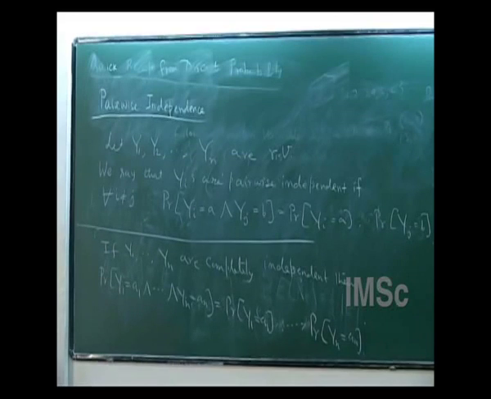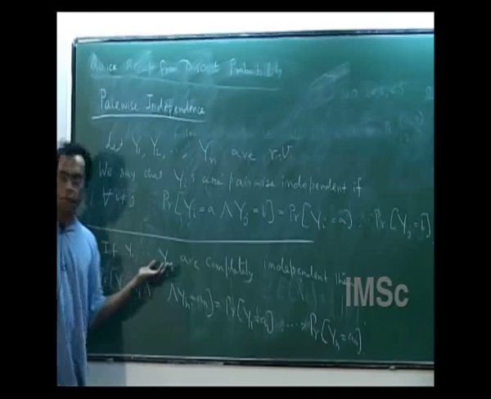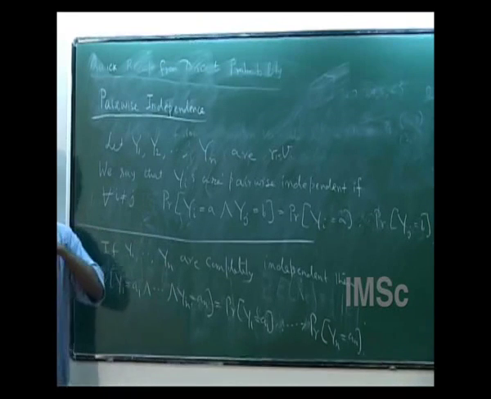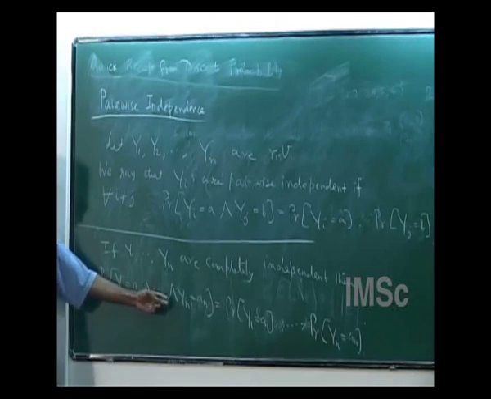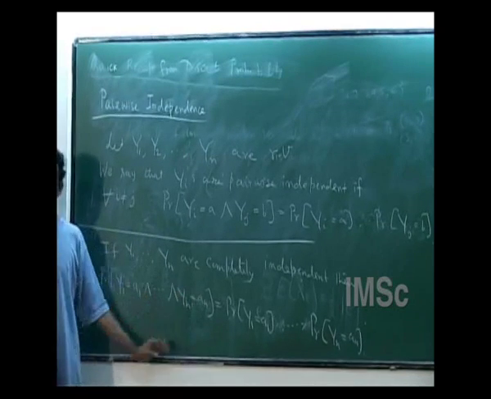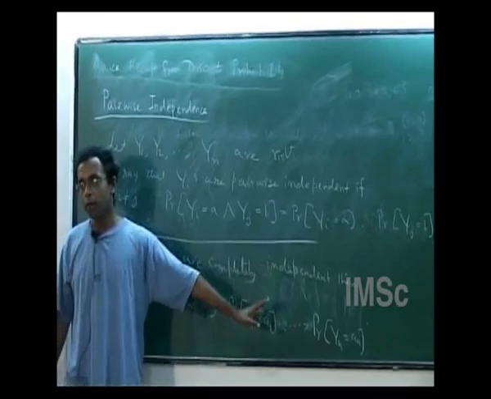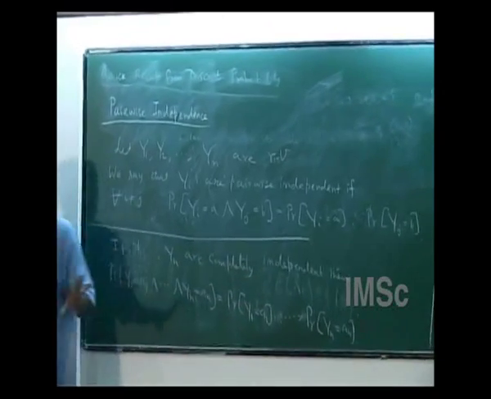Notice the difference between these two definitions. So let's say you have a bunch of random variables y1 to yn, and they are totally independent. That means whatever value you give y1 to a1 and so on up to yn to an, this probability is just the product of the individual probabilities. It's totally independent.